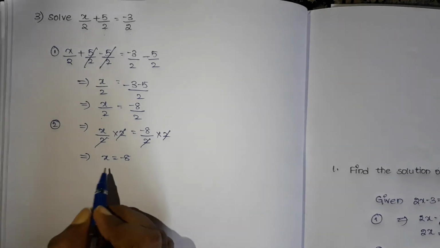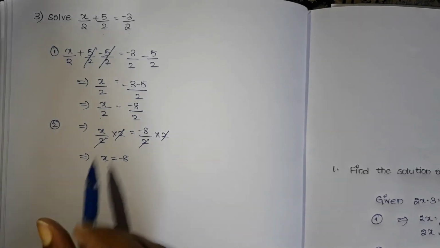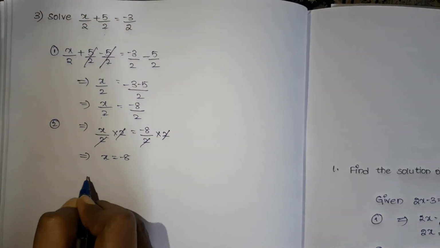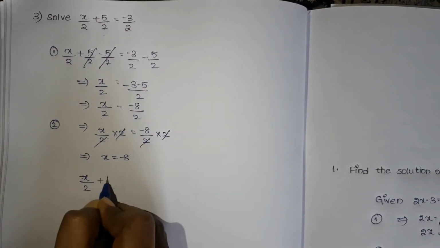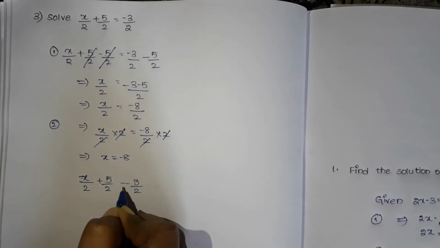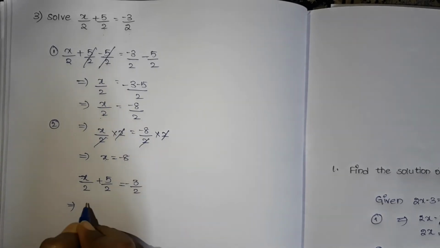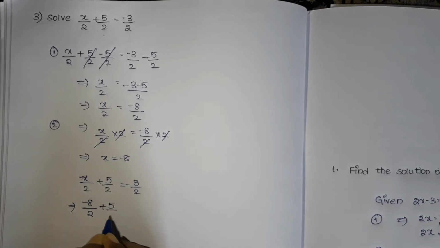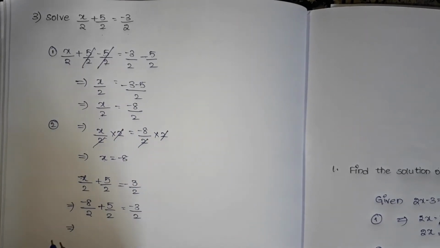Now let us check by substituting the x value in the given expression. That is x by 2 plus 5 by 2 equals minus 3 by 2. Now substitute this minus 8 for the x value. Minus 8 by 2 plus 5 by 2 equals minus 3 by 2.